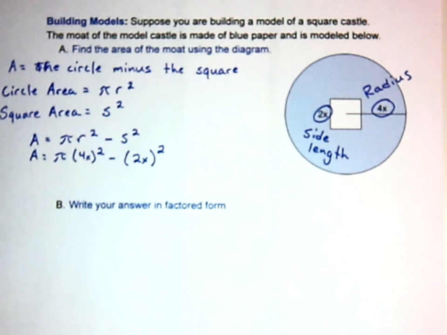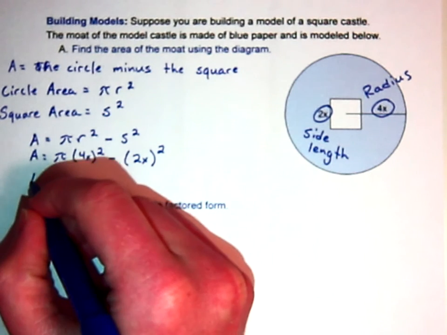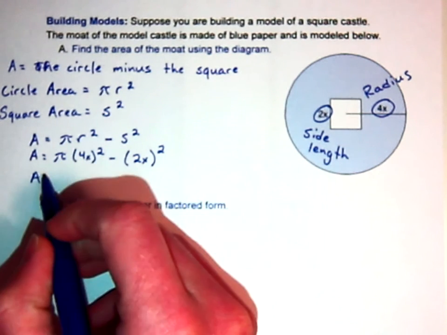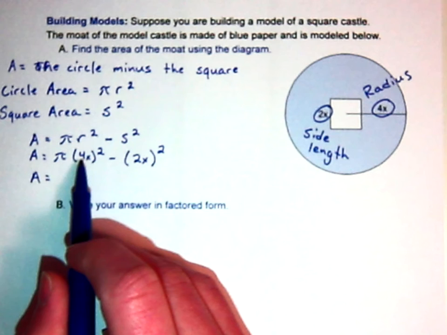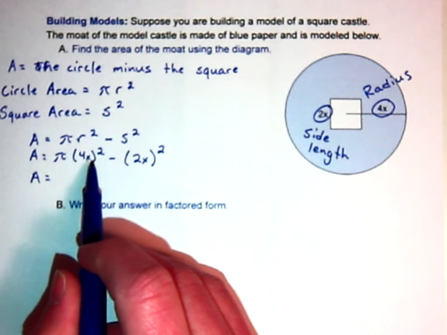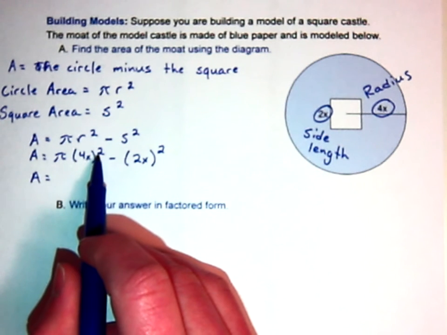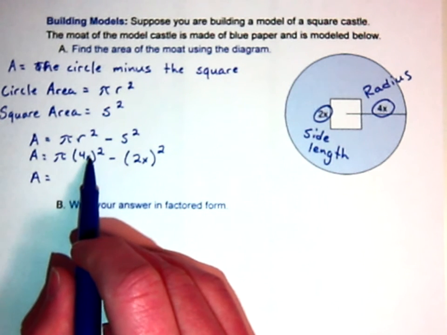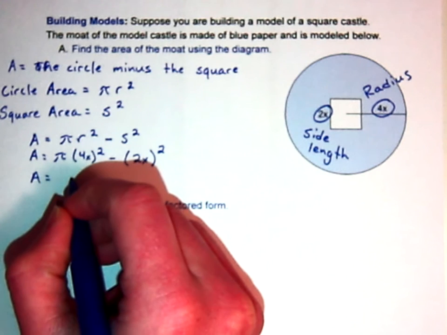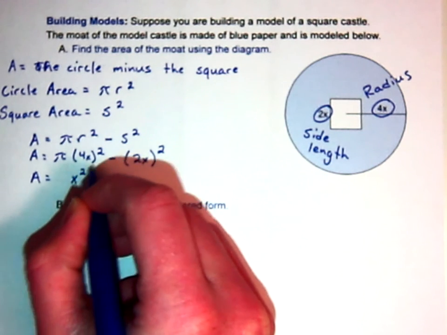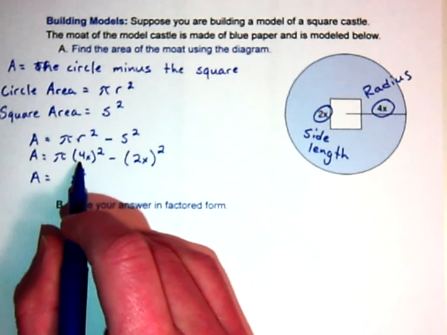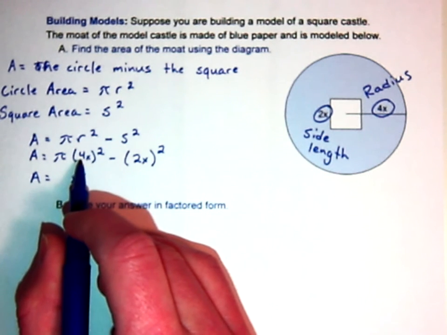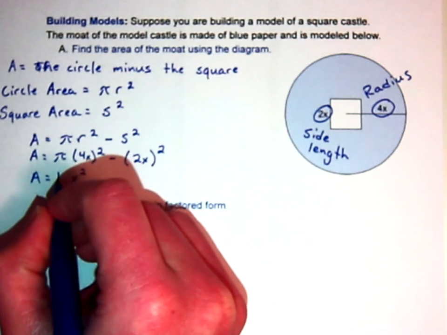Now we can use order of operations and our knowledge of monomials and powers to simplify this. So area is going to equal, well, I need to simplify 4x to the second power. That power goes to the x, so it becomes x squared, and that power also goes to my 4, so it's 4 squared, which is 16.